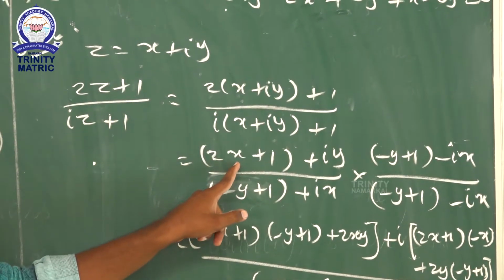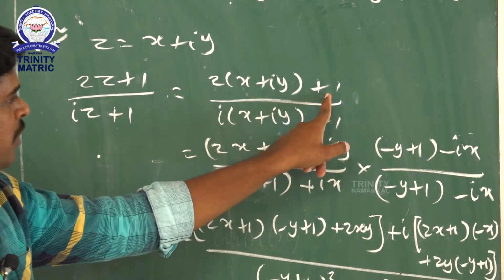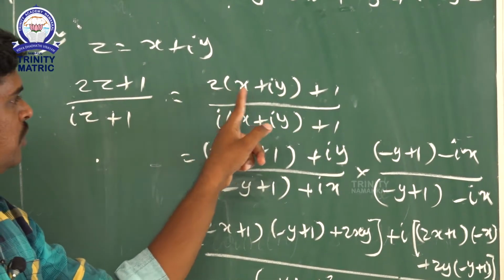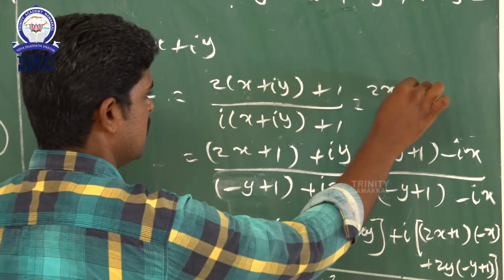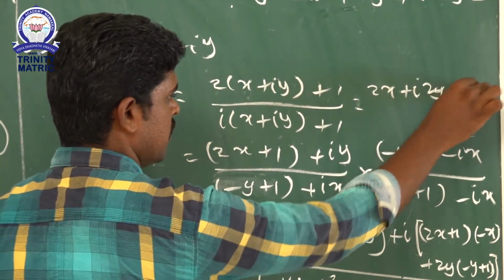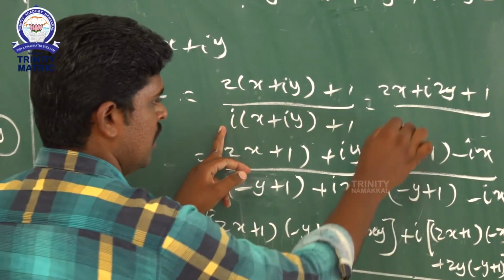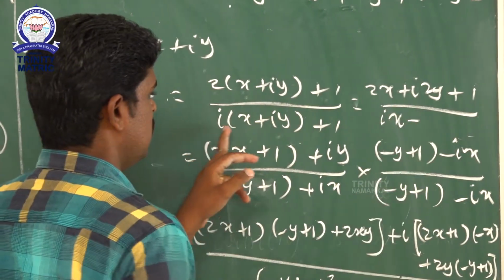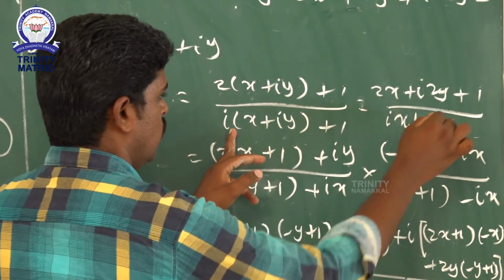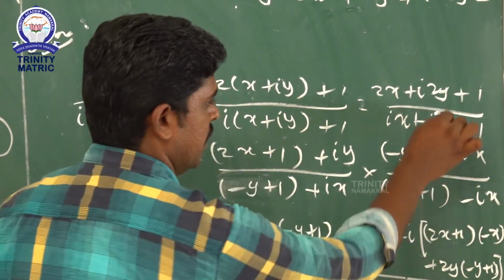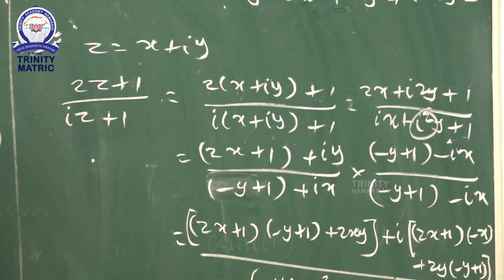So 2x is the real part. So collecting real parts, 2x plus 1. Okay, so multiplying, we get 2x plus i2y plus 1. Here the denominator is ix plus i squared into y and then plus 1. What is i squared? Minus 1. So that is also a real part.